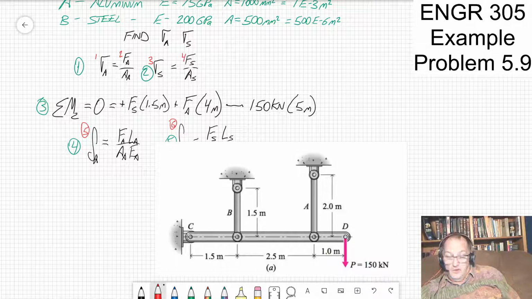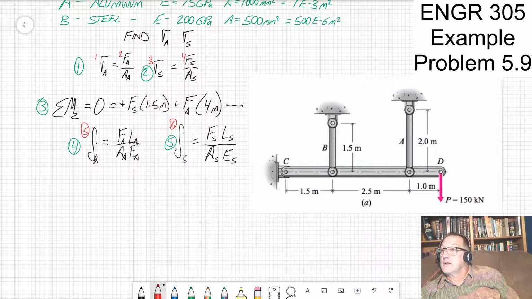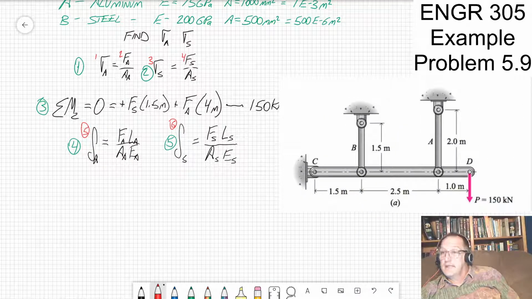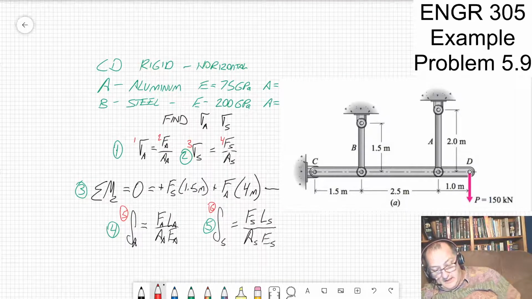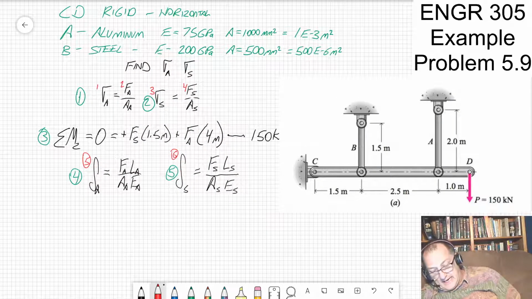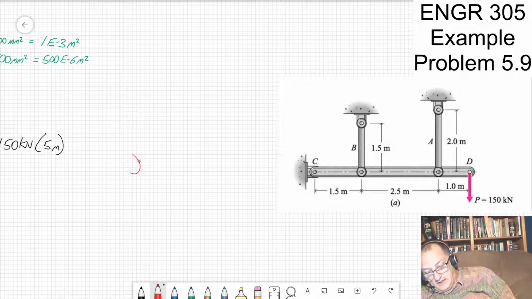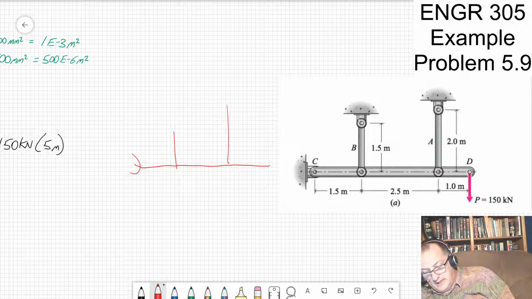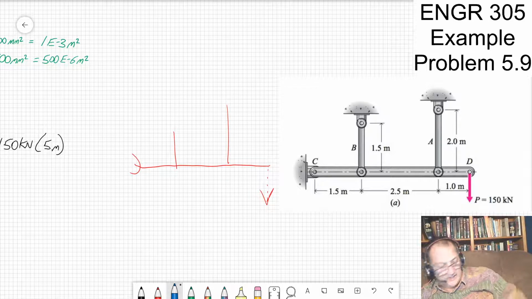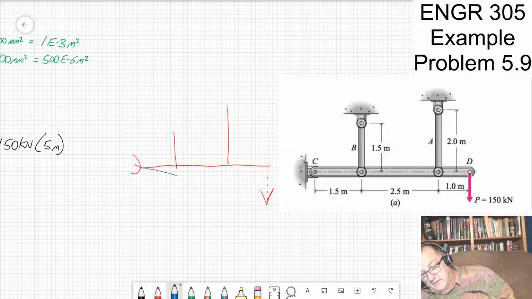What we do know is that if I draw that beam and it's supported here and here, when I put this load on, then it's going to stretch like that.